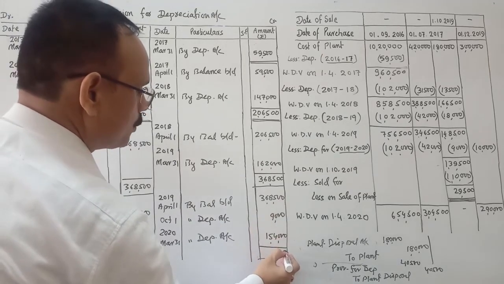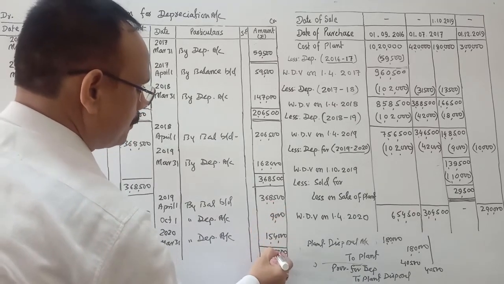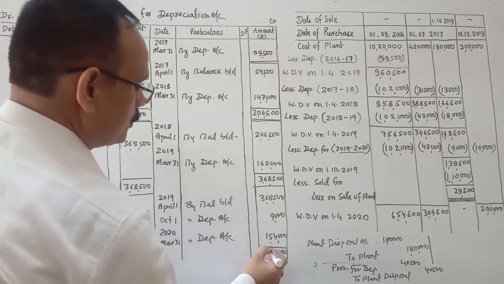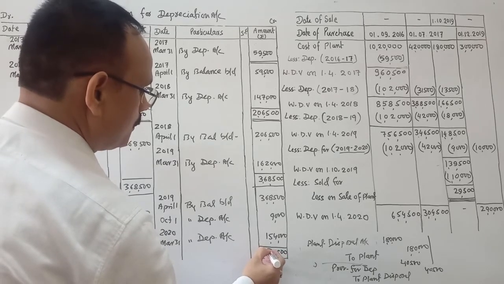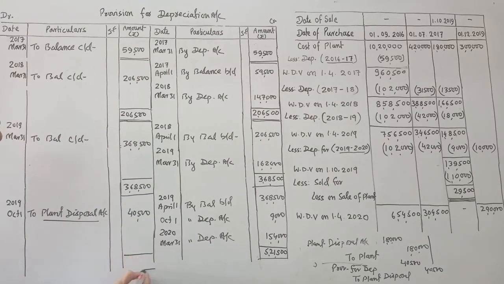Thereafter we'll do the total, 5,21,500. Same amount I am going to write this side, 5,21,500. So the difference will be 4,81,000.